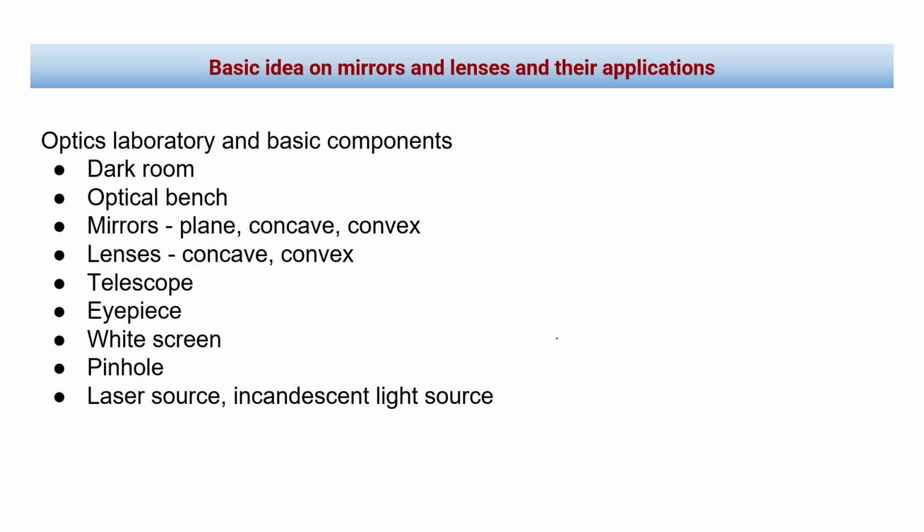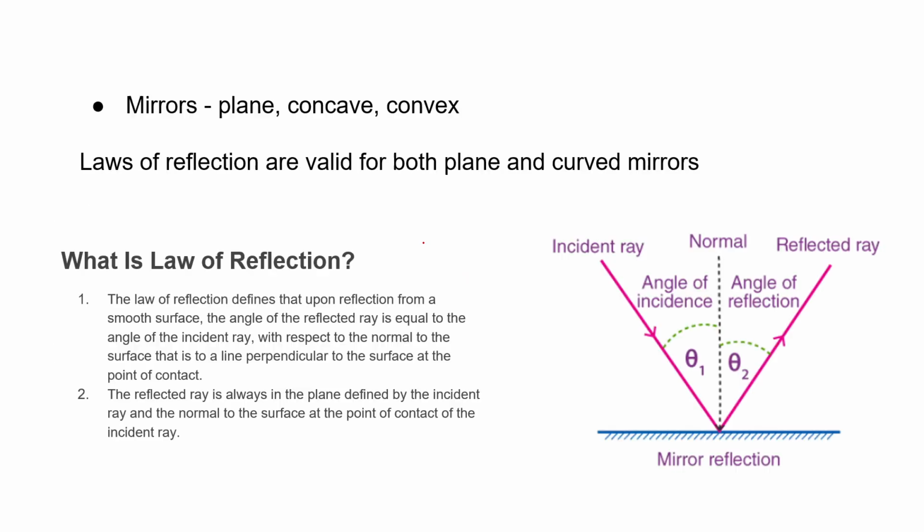So we'll be starting to discuss the various mirrors and types of lenses that we use in an optical lab. Mirrors can be of three different types. There are more actually possible, but basically what we talk about are plane mirror, concave mirror and convex mirror.